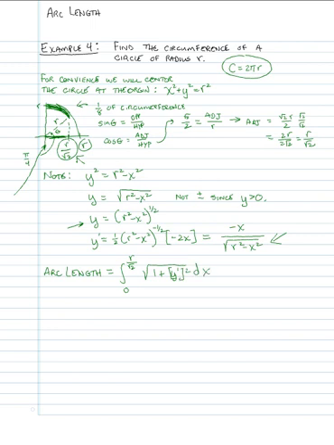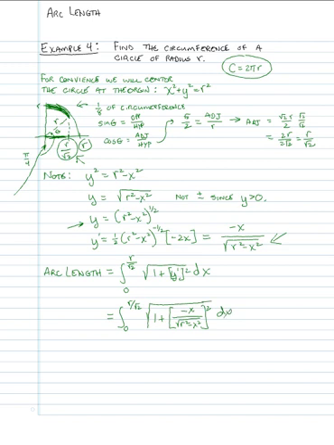And we see, of course, over here, well, let's write this in then. Then that's equal to the integral from 0 to r over the square root of 2 of the square root of 1 plus this derivative, which is negative x over the square root of r squared minus x squared, and of course that's squared.